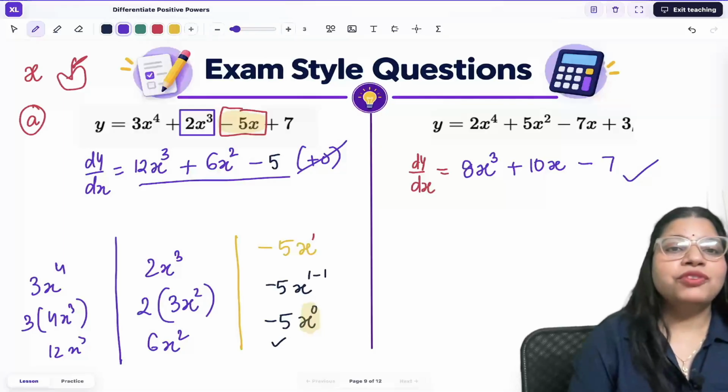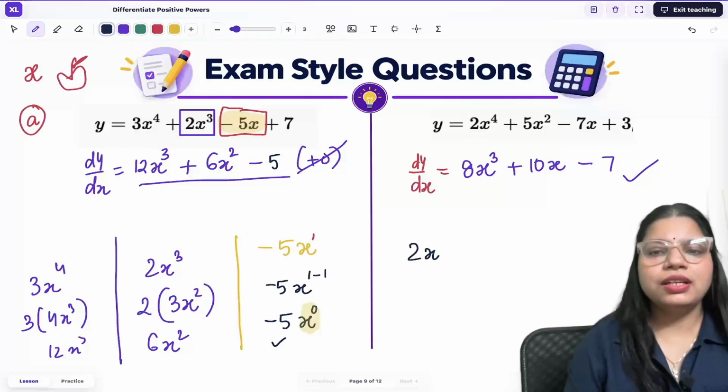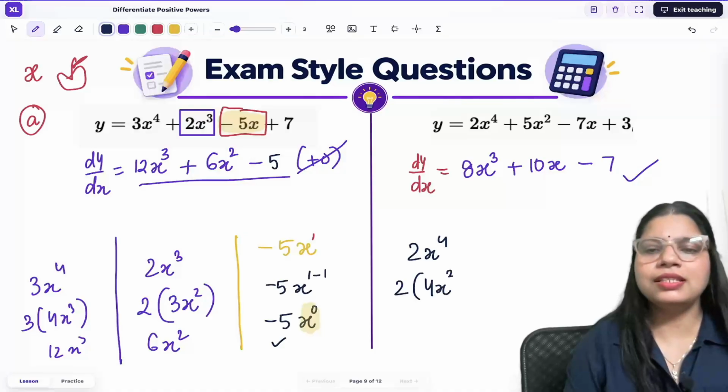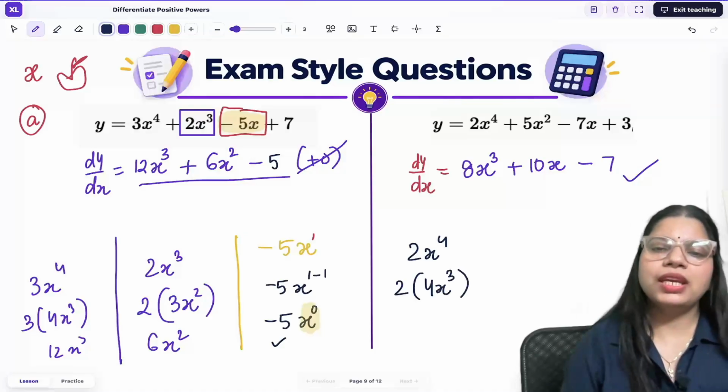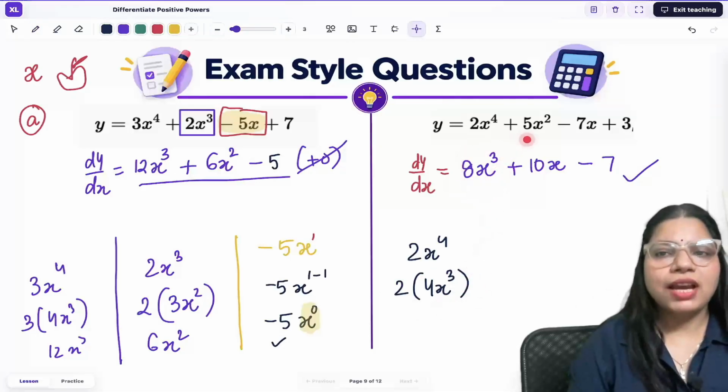Right? If you still feel like you need some support, let me just very quickly tell you. 2x to 4, keep 2 aside, 4 comes down, indices reduce by 1. So we get 4 times 2, that is 8, and 8x cubed, we drop it there. Now comes 5x squared.